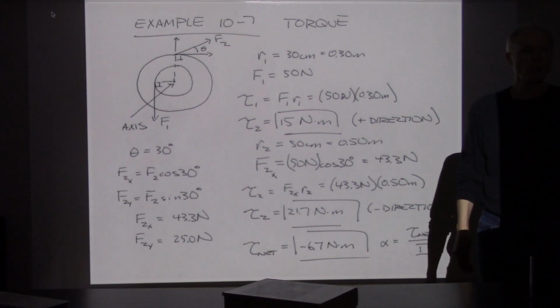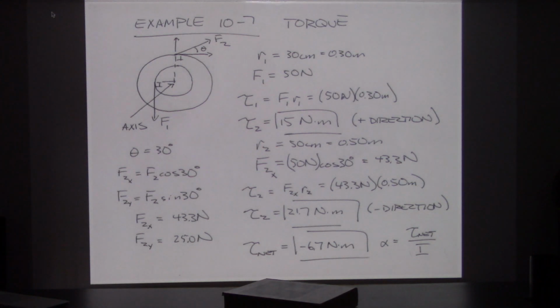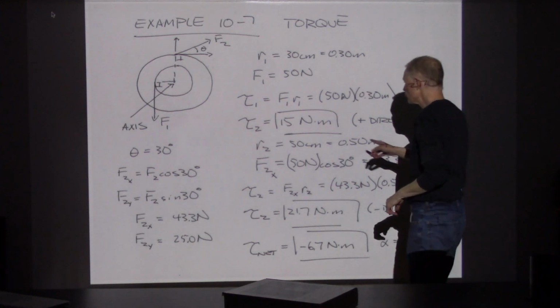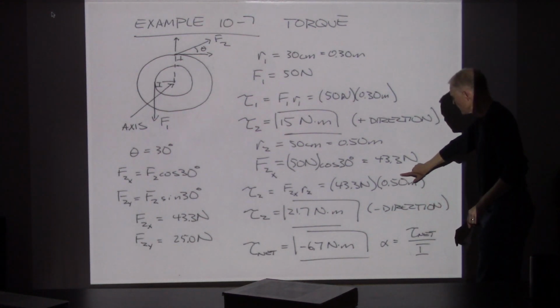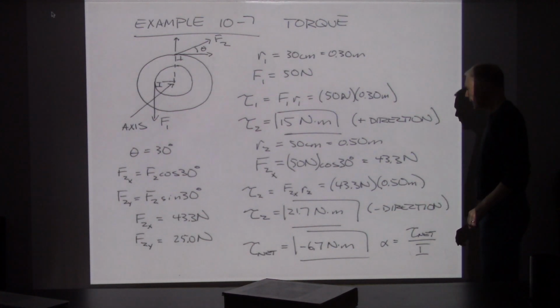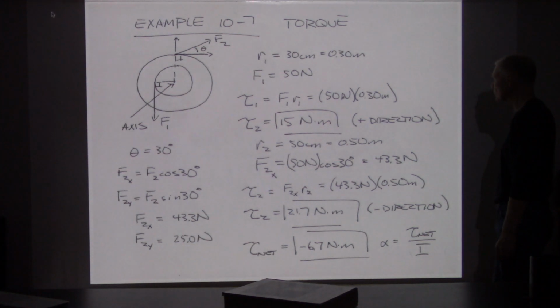I don't get to use the full 50. I only use 43.3. Now, remember, force 2 has more leverage. So that's going to be 0.50 meters. And when I calculated this, torque 2 wins out.